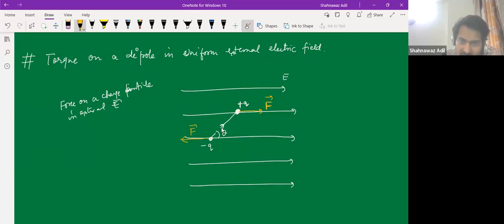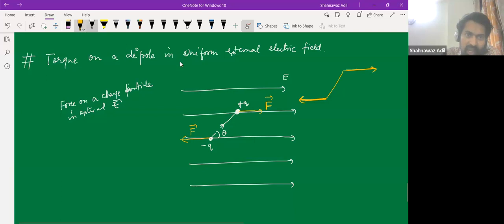Both the forces are equal. One is this way and the other is this way. So are these a couple? Yes, sir. Yeah, because both have an equal amount of force and they are acting in opposite directions.